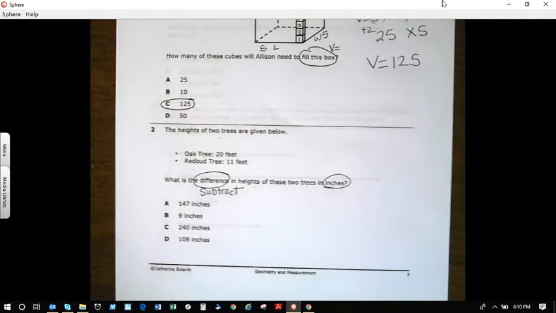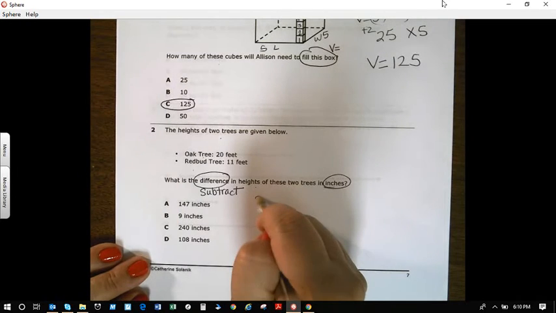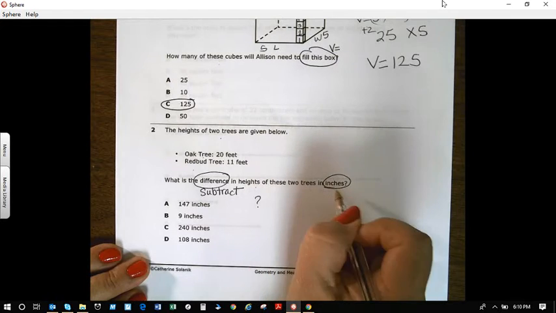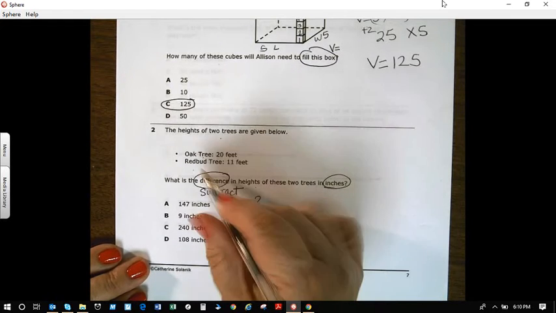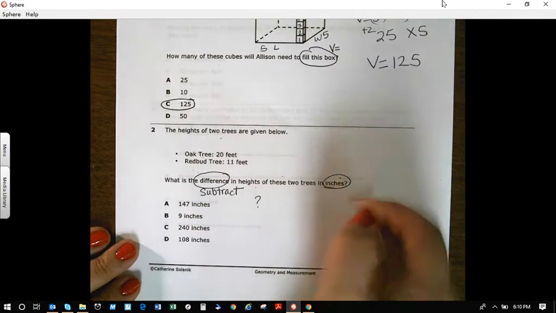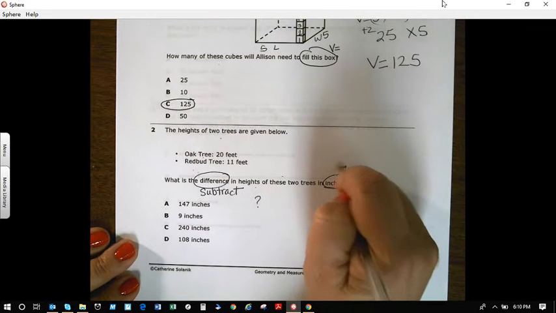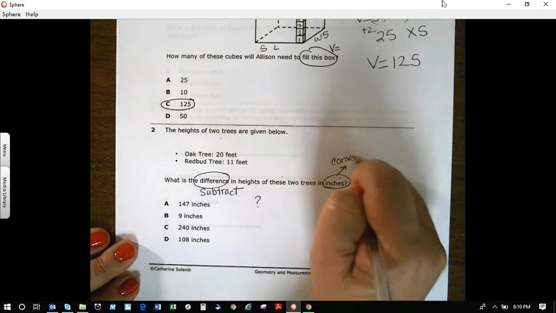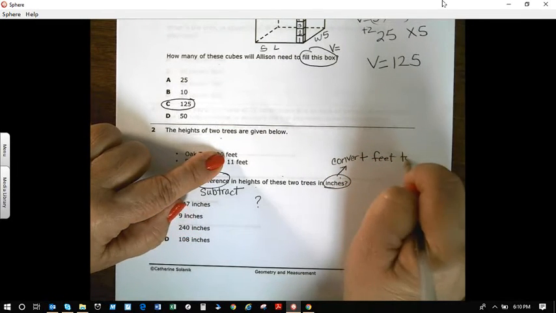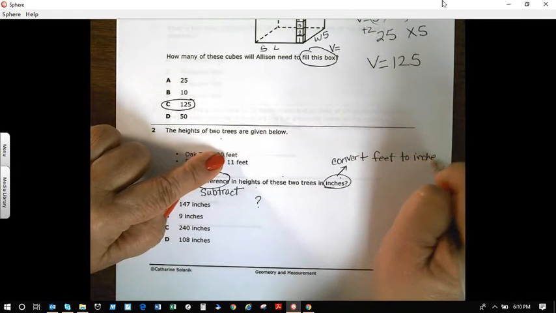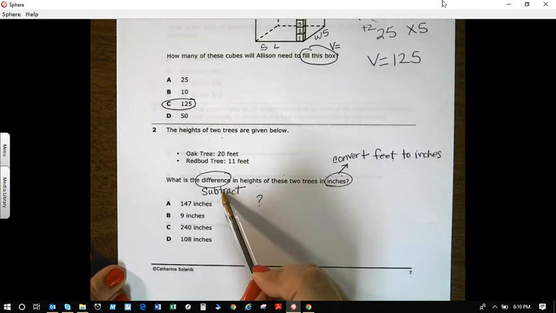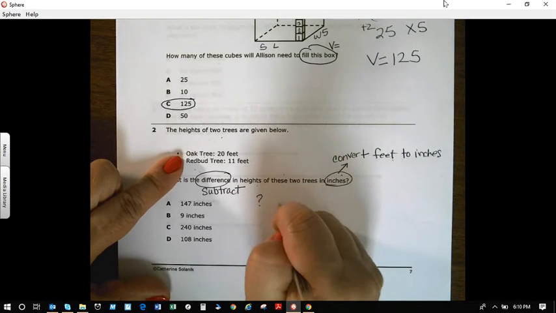Because if you don't write down my question, the difference in heights of these 2 trees is blank in inches, then you better start writing everything down in your question so you know what you're solving for. So here, inches, I'm going to write down the word convert. I need to convert feet to inches. I'm doing this immediately because I know I need to do this first and then the subtraction second.